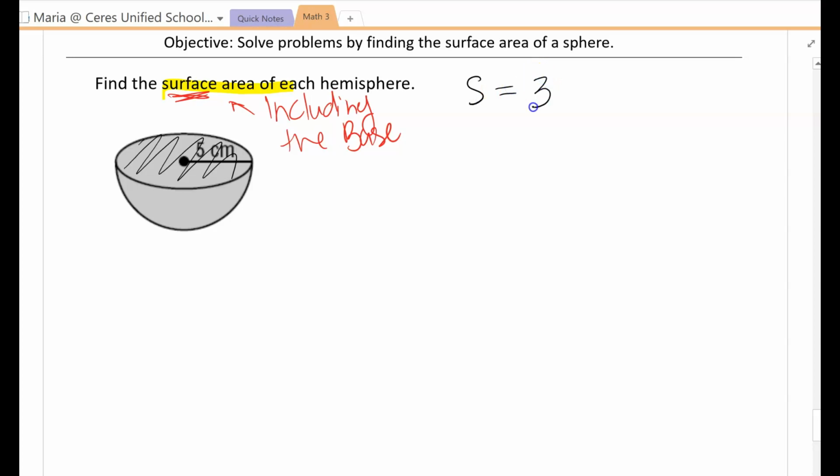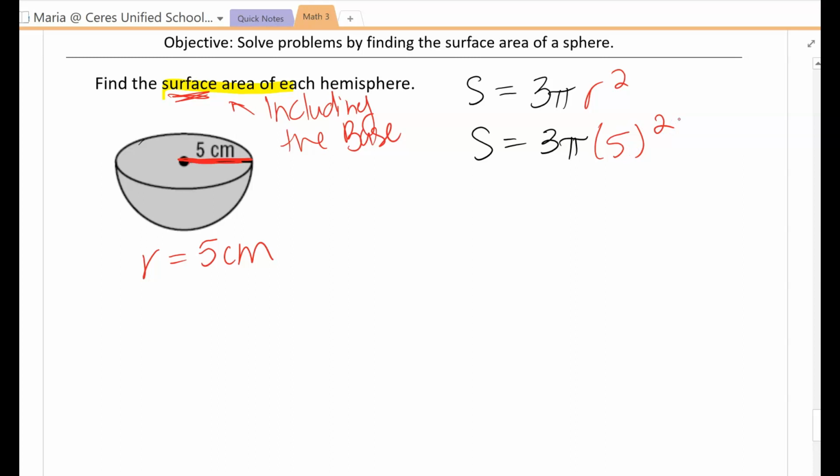So S is equal to 3 pi times the radius squared. And again, all I need is the radius, which is given to me in my picture. I have half the segment, so that is the radius. The radius is 5 centimeters. So just plug it in. We have S is equal to 3 pi times 5 squared.